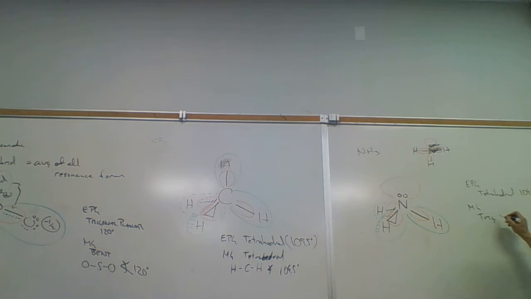It's a pyramid with a triangle base, so I'm going to call it trigonal pyramidal. And then we have the H and H angle. The H and H angle should be what? 109.5 degrees.